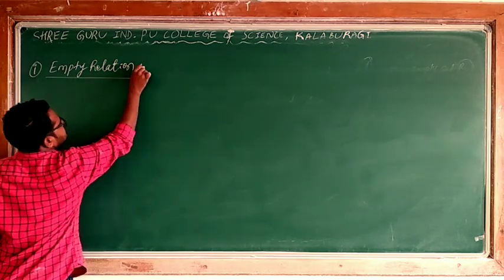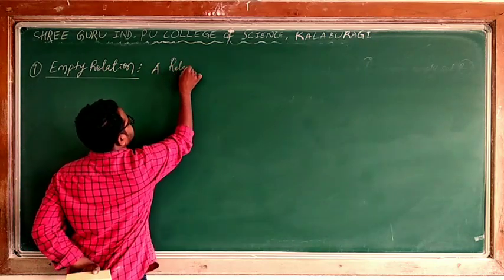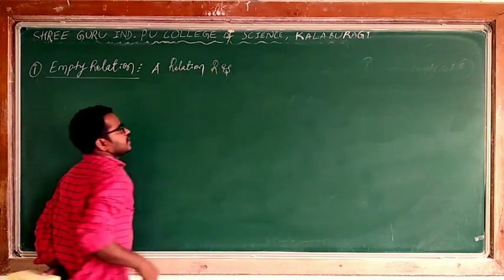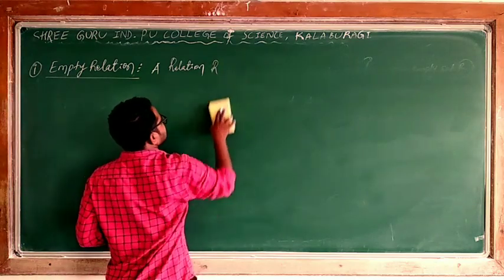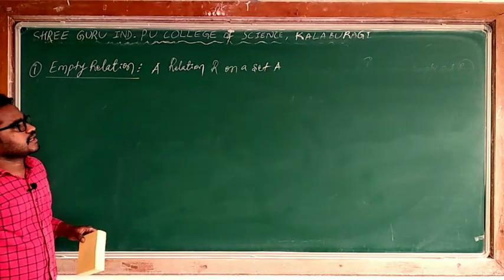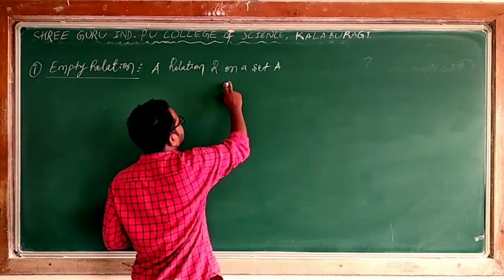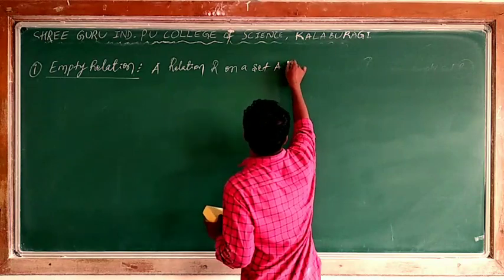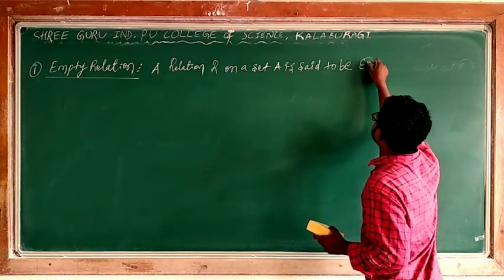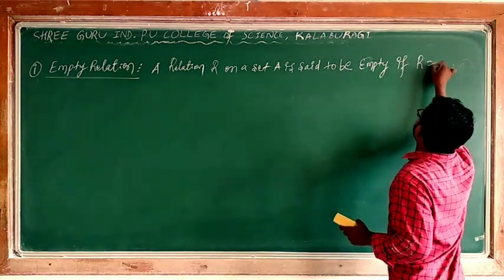It is very simple. A relation R on a set A, or from a set A to B, when you are defining a relation R on a set A, is said to be empty if R is equal to the empty set.